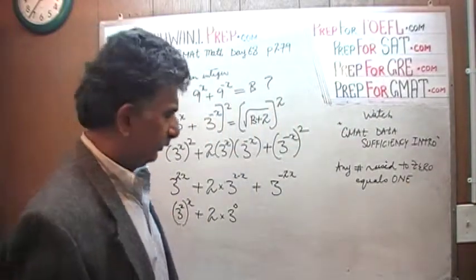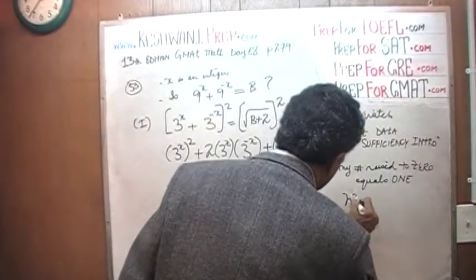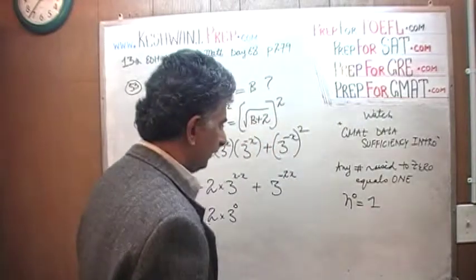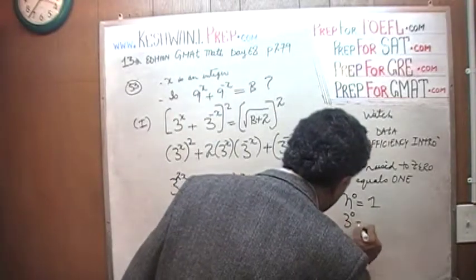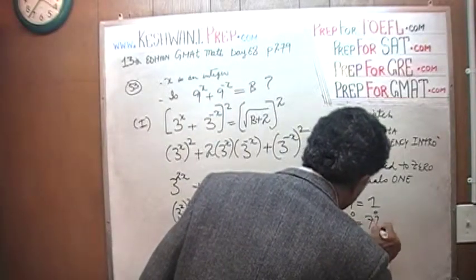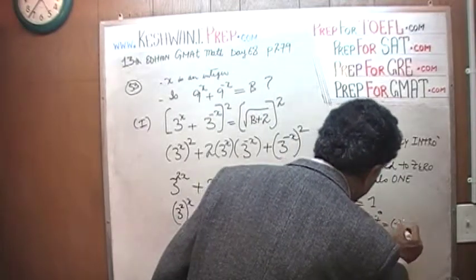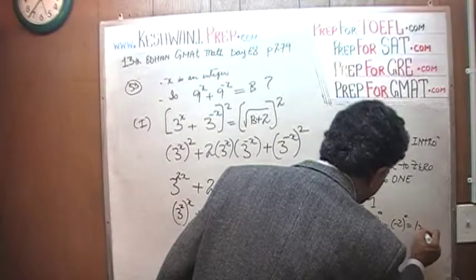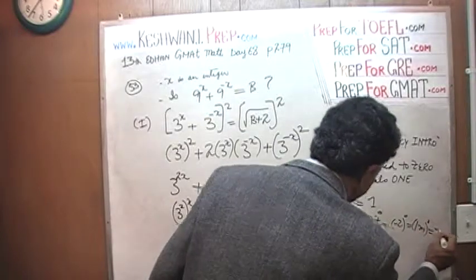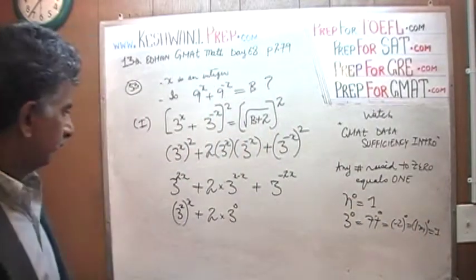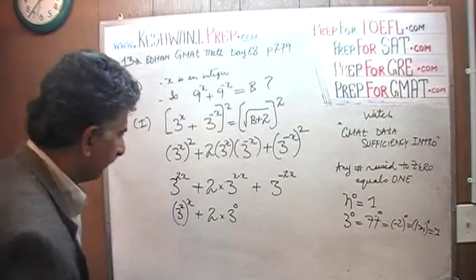This is something that we have to know for the exam. Any number n raised to 0 equals 1. 3 raised to 0 is 1, 7 raised to 0 is 1, 77 raised to 0 is 1, negative 2 raised to 0 is 1, 1 million raised to 0 is 1. They are all 1. So 3 raised to 0 is just going to be 1.